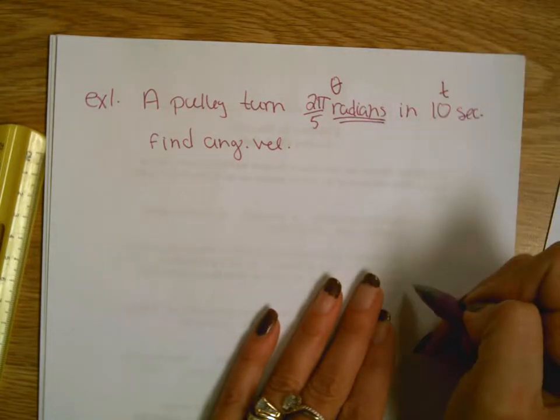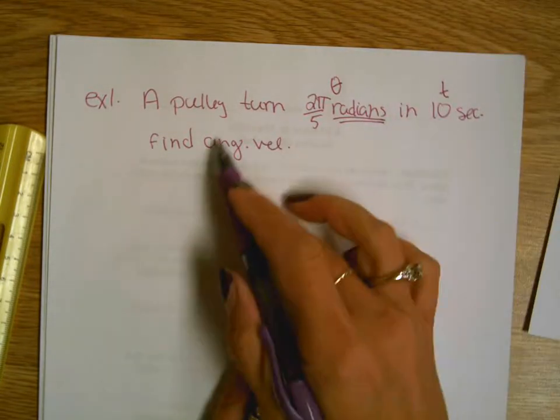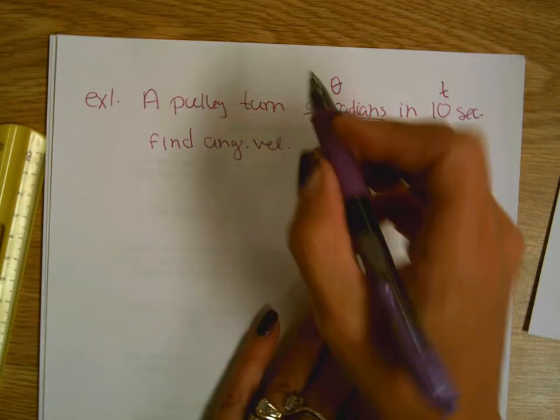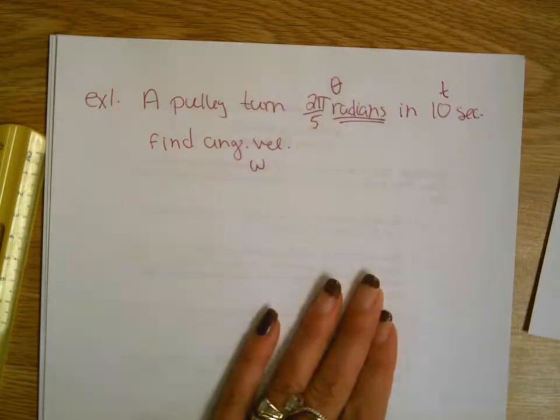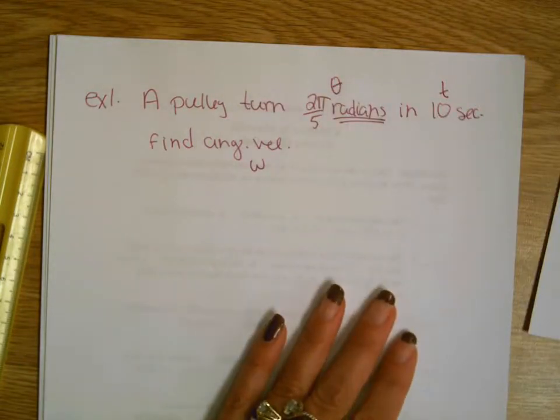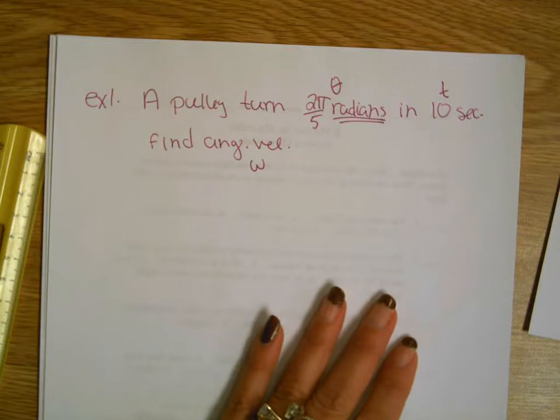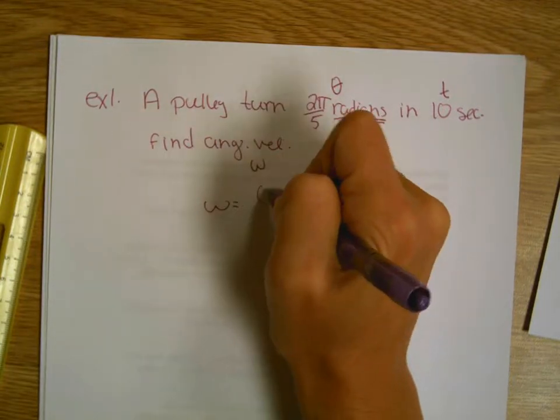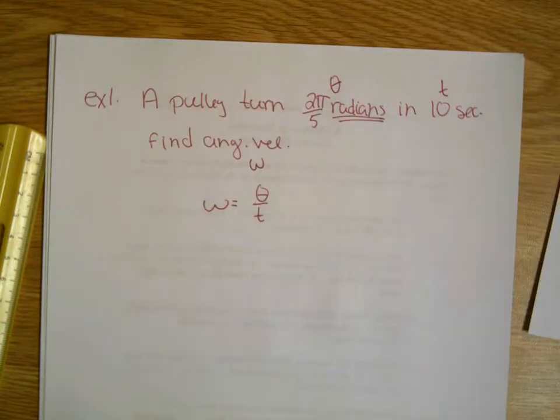There's your t. And it's asking you to find angular velocity. What's our symbol for angular velocity? Everybody's friend? Butt cheeks. There we go. So now you know exactly what formula to use: W equals theta over time.